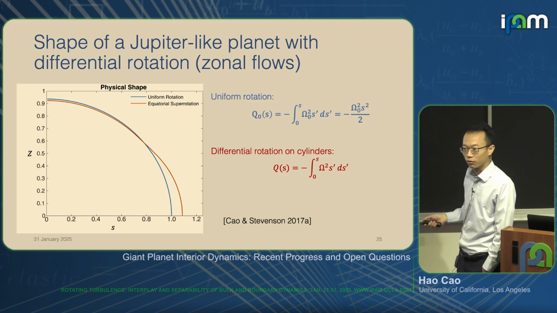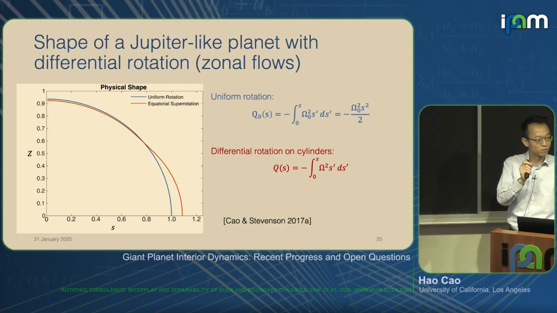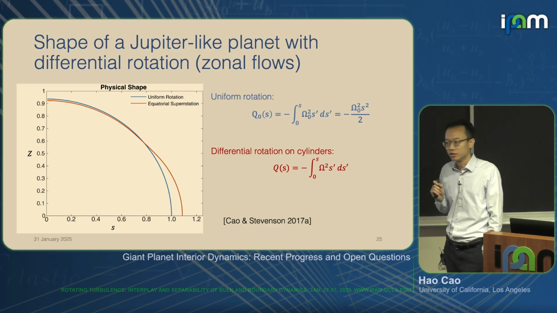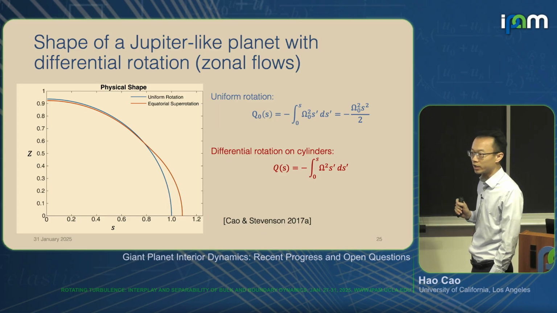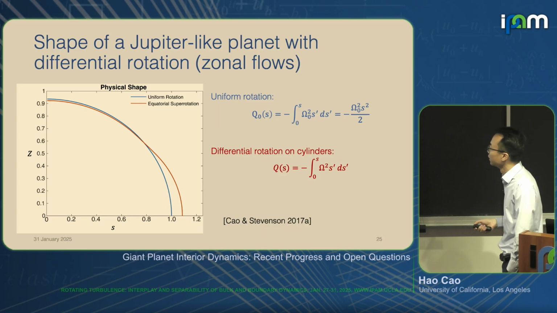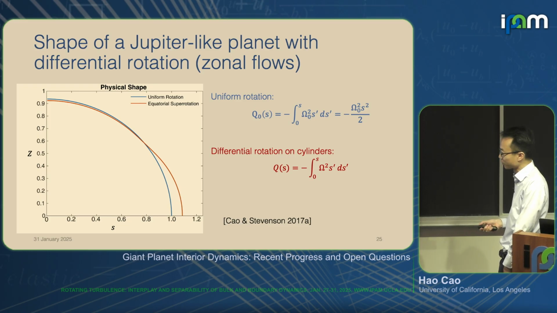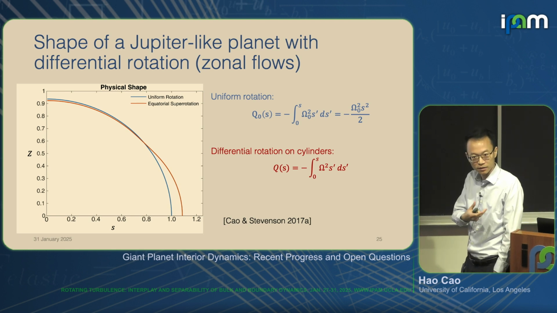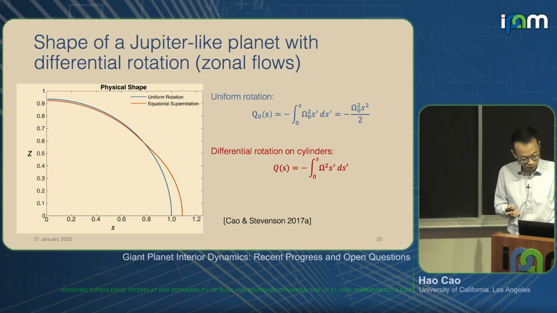I mean, the density is non-local, right? Gravity field is non-local. You change density at one place, you change the whole distribution, right? Another way of thinking about it is that the whole planet would become more oblate, because if you think about the total angular momentum of these planets, because of the superrotation, the total angular momentum of this case is higher than the previous case. So the whole planet would become more oblate.